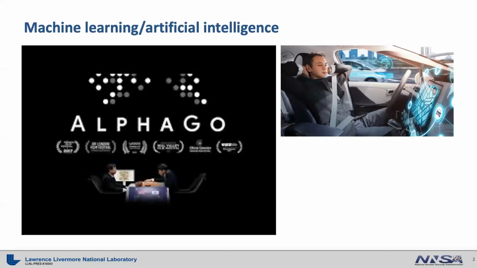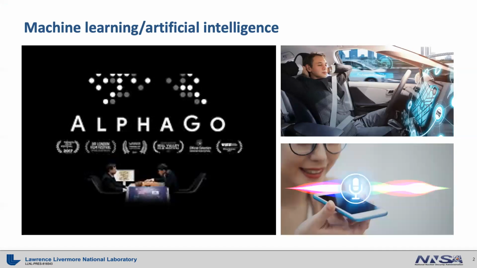Now, machine learning and artificial intelligence are enabling self-driving cars and advanced speech recognition. But for now, I don't think that you want to sleep in a self-driving car. But in the future, the technology will continue to advance, and for sure, you will be able to sleep in a self-driving car someday, right?